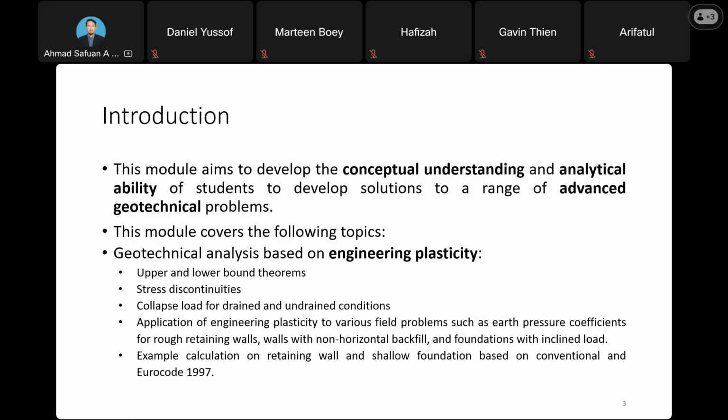Upon successful completion of the topic, students will be able to analyze routine and non-routine geotechnical problems under both drained and undrained loading conditions using the classical analysis method based on engineering plasticity.